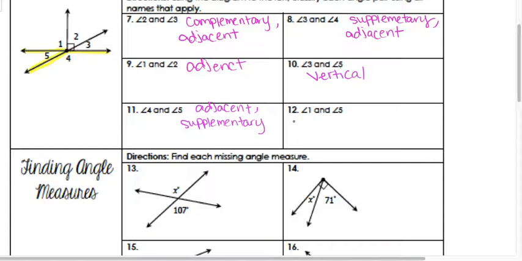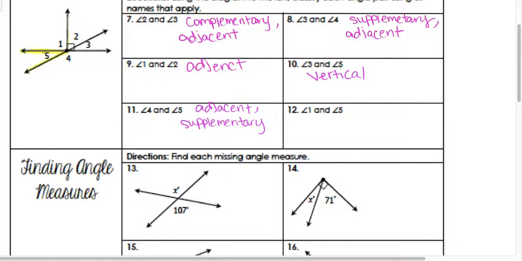Okay. Now, number 12. Let me erase this again. Oh, I need to get my highlighter back out. So we're looking at angle 1 and angle 5. Angle 1 is right here, and then 5 is right here.